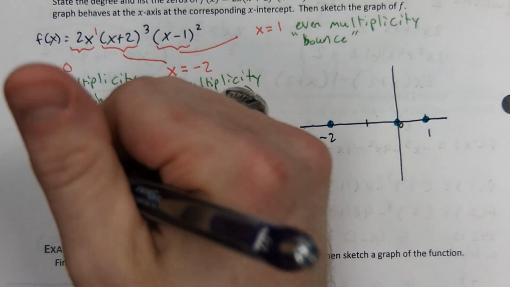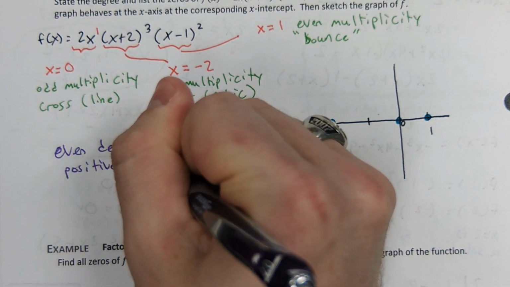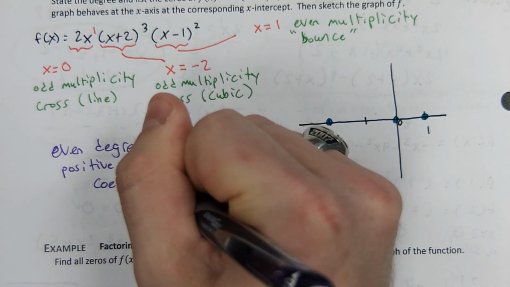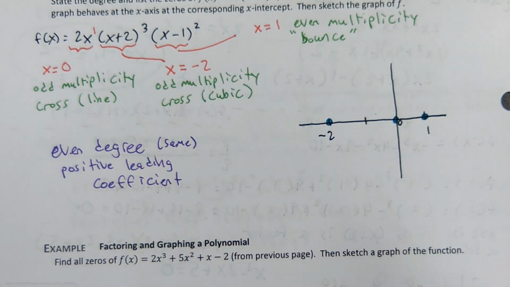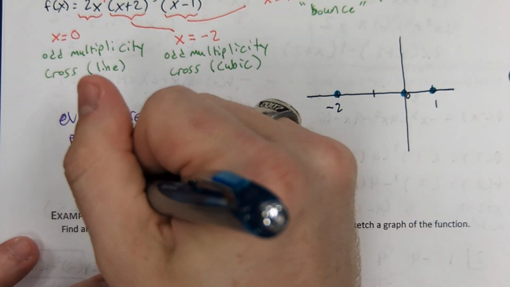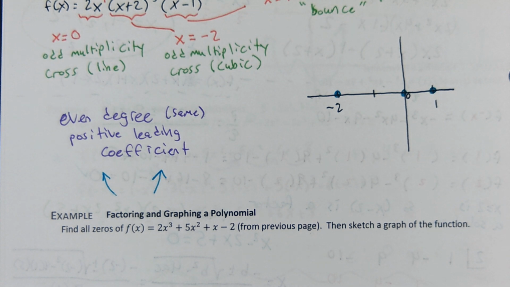It's positive. So since I have an even degree polynomial with a positive leading coefficient, what does it tell me about my endings? Which way do they point? Delaney? Both up. Yes, they both point up. Like that. Now we're ready to graph.